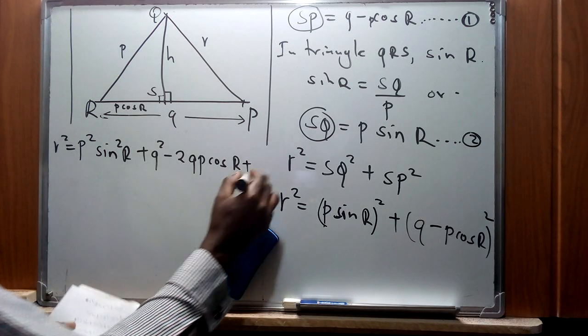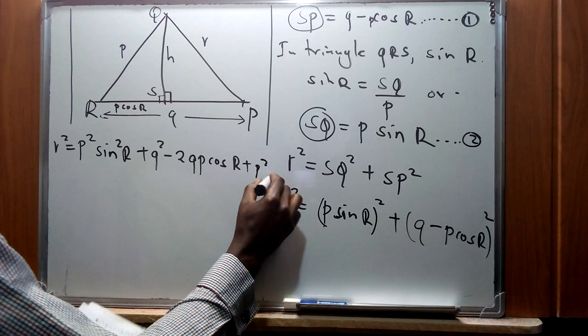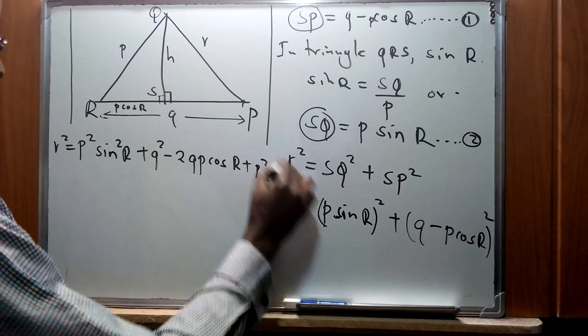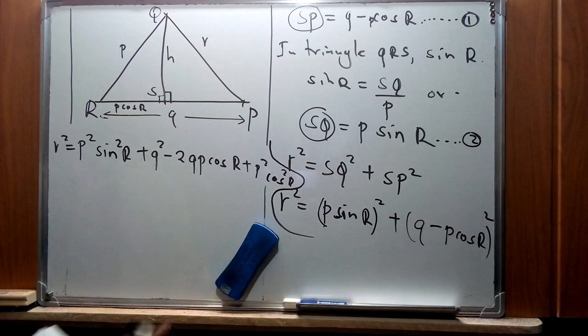So this is going to be P squared the cosine squared of R.